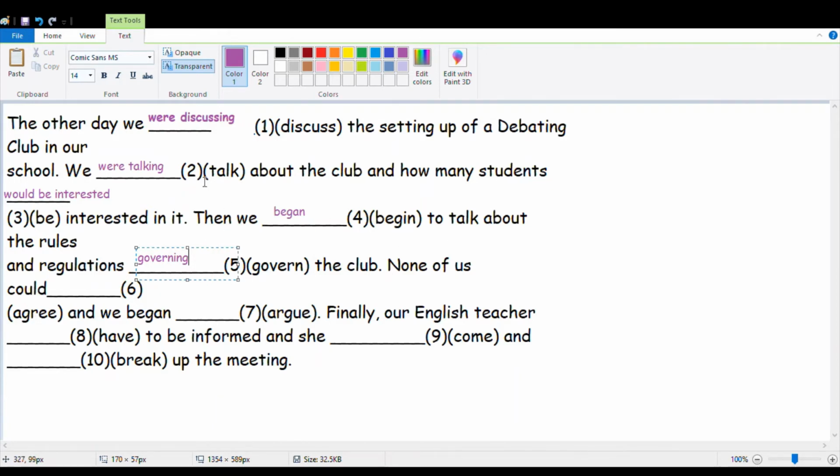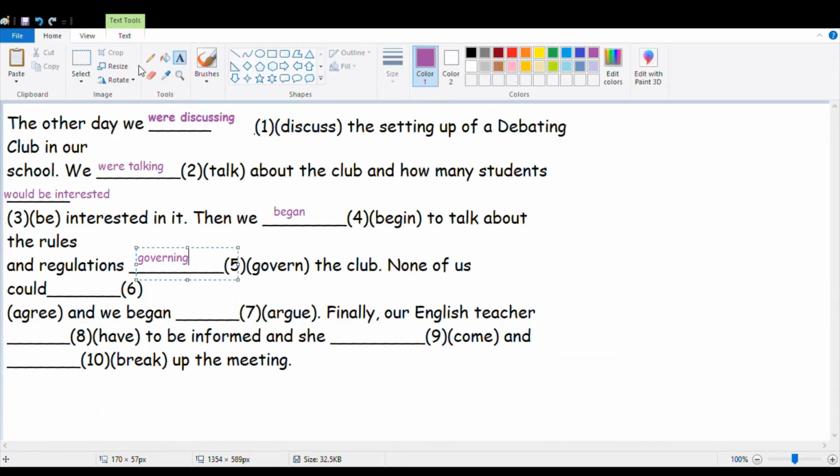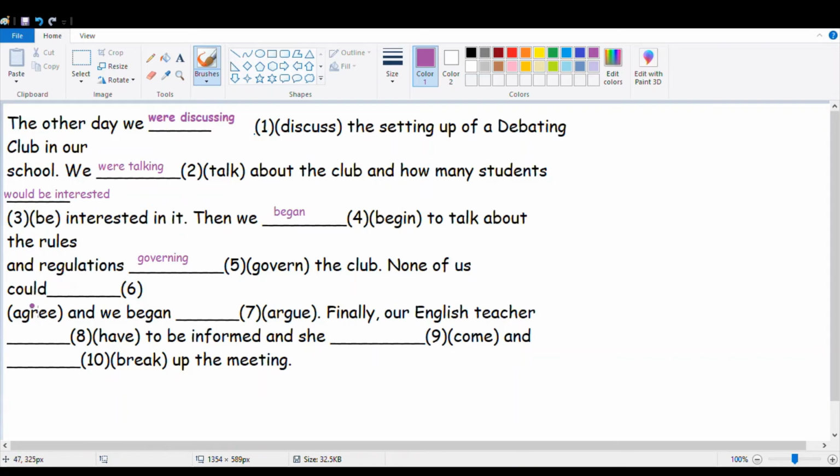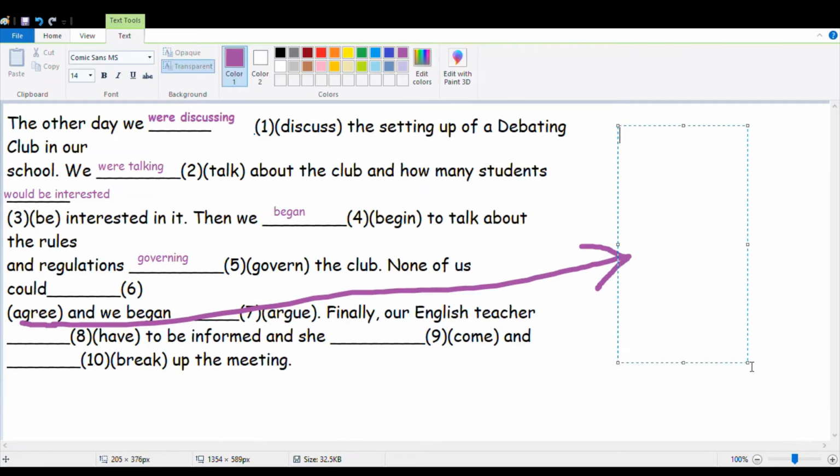Okay, next. None of us could agree. If we talk about the past: could agreed, could agree, could will agree. Can you see that none of this is really going to make sense with could?